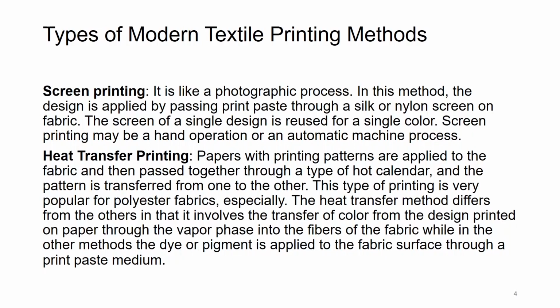The heat transfer method differs from the others in that it involves the transfer of color from the design printed on paper through the vapor phase into the fibers of the fabric, while in the other methods the dye or pigment is applied to the fabric surface through a print paste medium. So, here there is just the superimposition of the printed paper, and that printed paper is applied through the calendering process, and this is a very common technique for printing polyester.